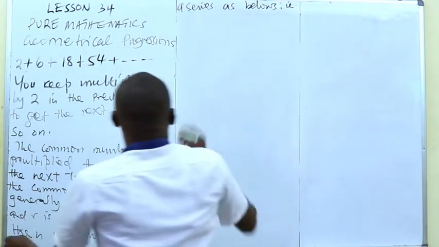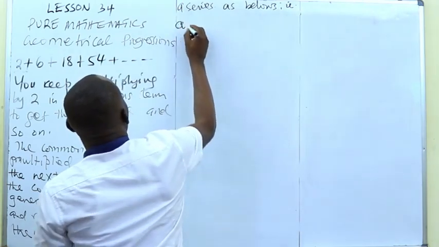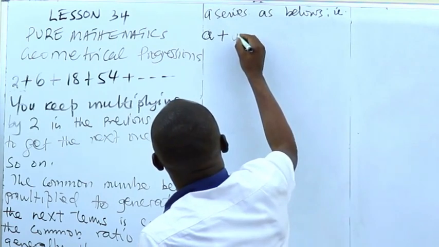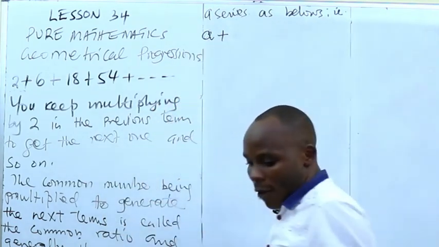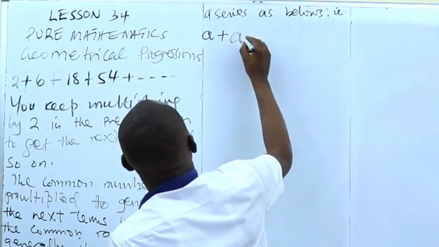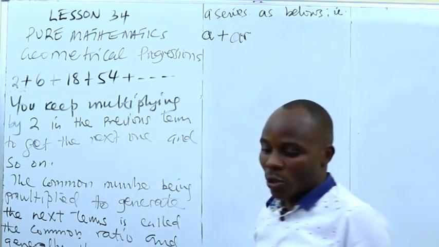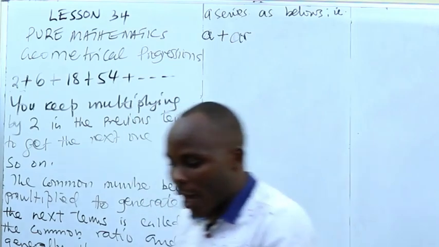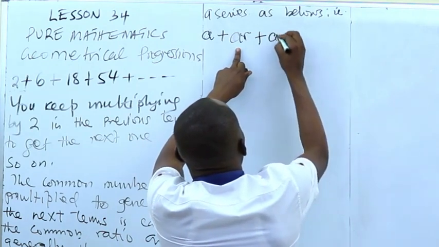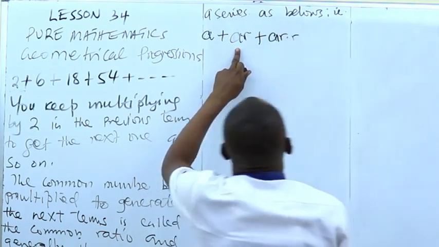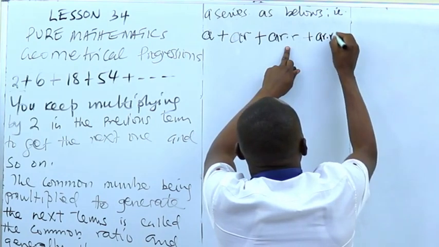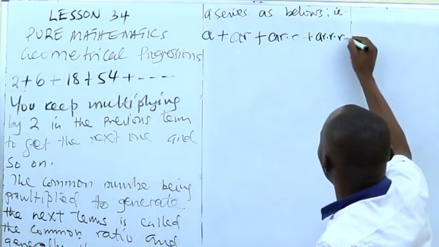Our first term is A. To get the next term after A, we take the first one and multiply it by the common ratio R. To generate the next one, you get the previous one, which is AR, and you multiply it by R. To generate the next one, it is AR times R times R, and so on.